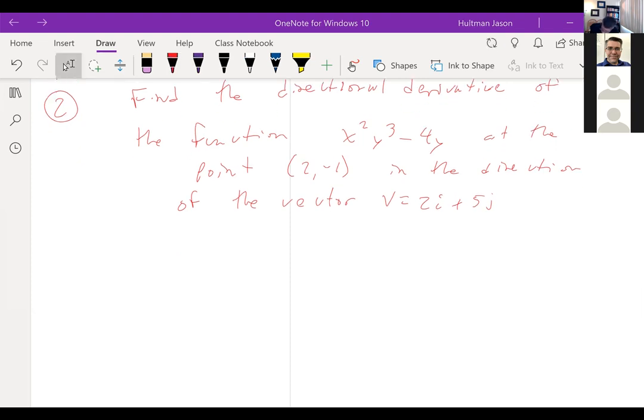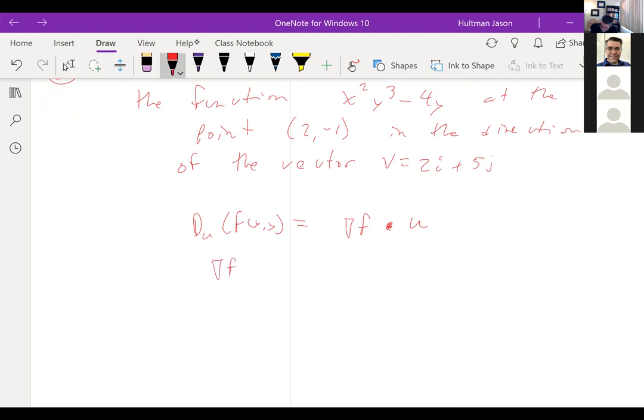Again, we're going to say that the directional derivative is equal to del f dotted with u. So what's del f?